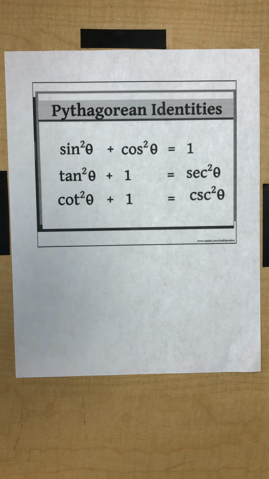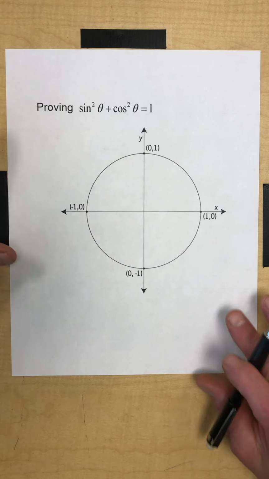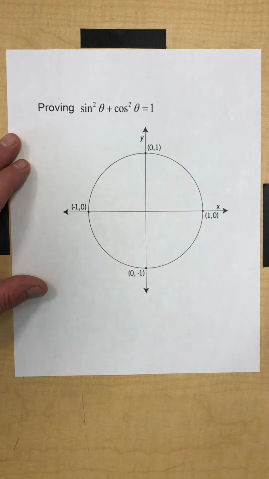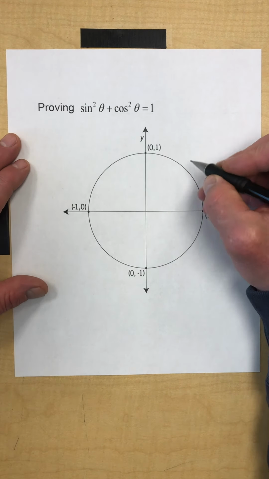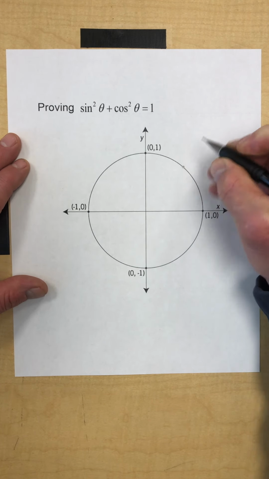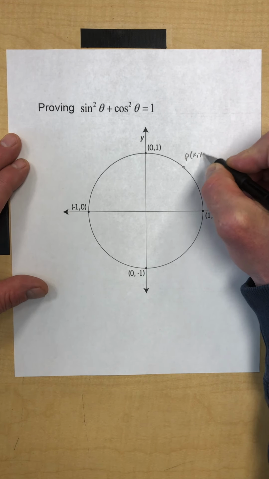So we're going to derive all of these today, and this is relatively easy to do. Starting with the top one, sine squared plus cosine squared equals 1, the easiest way to do this is on the unit circle. If I take any point on the unit circle, and I'm just going to work in quadrant 1 because it's easy, I take this point right here, and that is some point P with coordinates x, y.